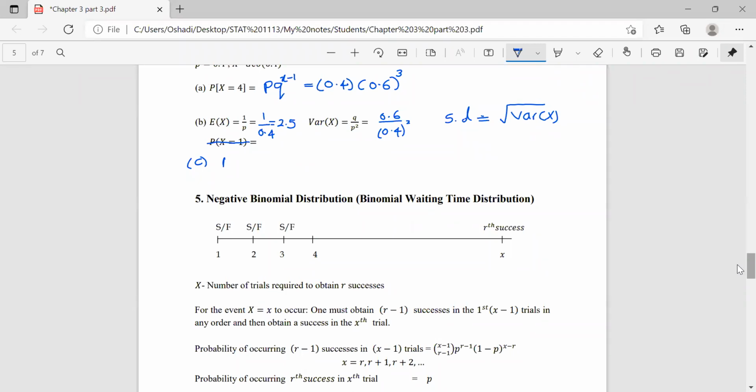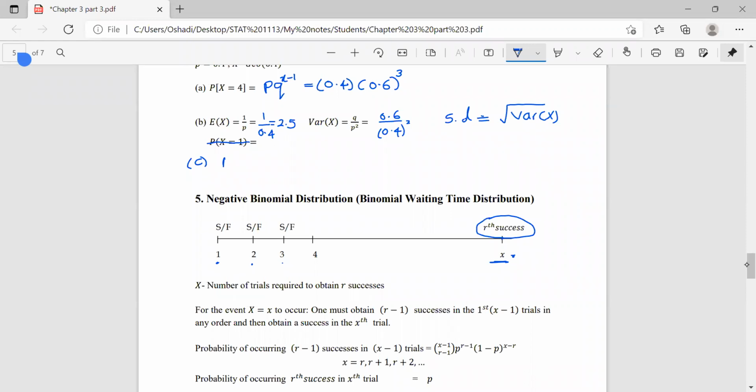Right? So the first trial could be a success or failure, the second trial success or failure, the third likewise. But when the x-th trial happens, the x-th trial should have the rth success.